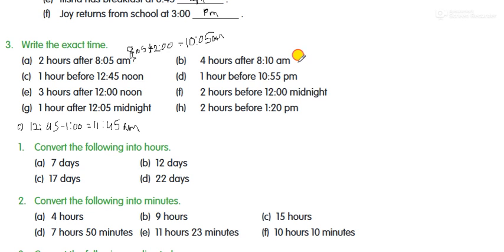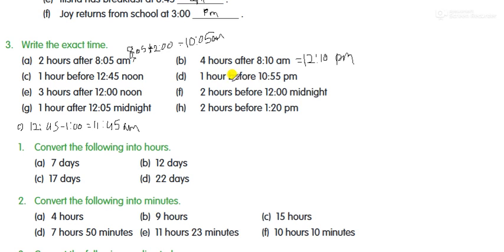Next, part B is 4 hours after 8:10 AM. So add 8 plus 4. 8 plus 4 is 12:10. 12:10 means it's PM.